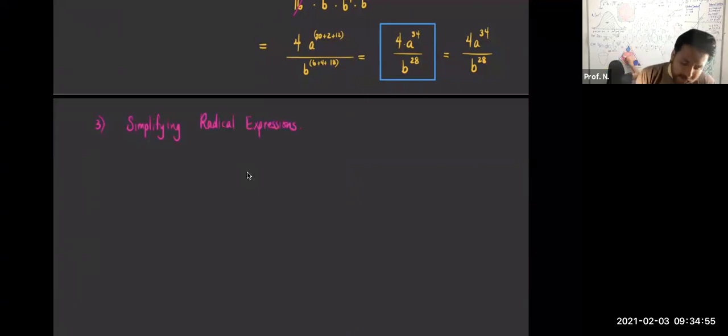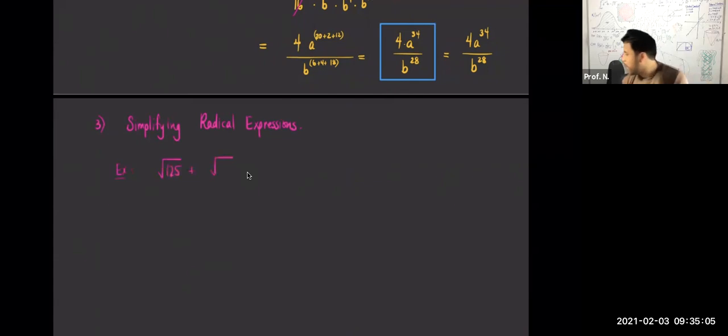So for example, if I have something like this, the square root of 125 plus the square root of 45. How do we add radicals?